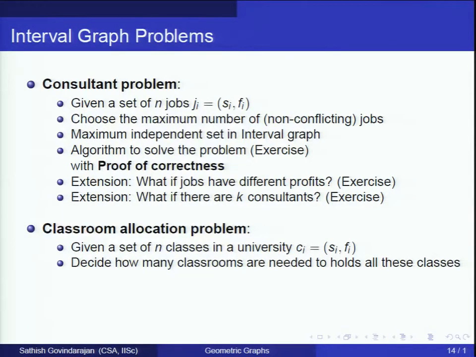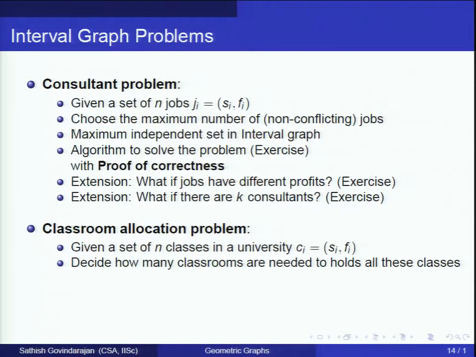That's called the depth, let's say. Let's define that. Now, why is that definition helpful? It's helpful because the number of classrooms required is at least this much. I cannot have fewer classrooms. Suppose the depth is 5. I need at least 5 classrooms, because there are 5 classes happening at, let's say, 11 o'clock.